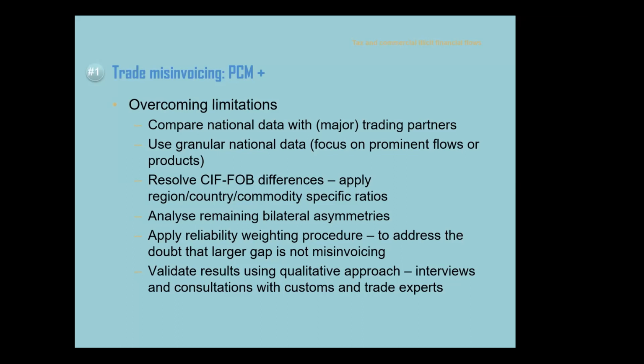So we, of course, have to make sure that if it is already FOB, then we simply compare imports and exports, and they should be the same numbers. But in some cases, of course, this does not happen. So in those cases, we have to apply certain ratios, the CIF-FOB ratios, to correct for those asymmetries that are caused by those differences in valuation.